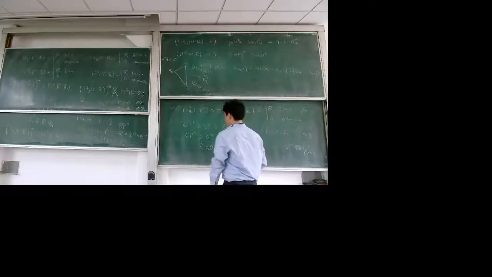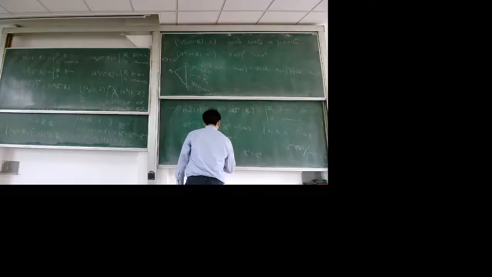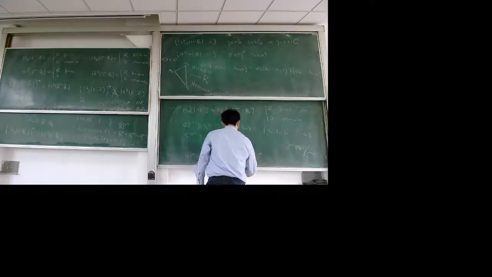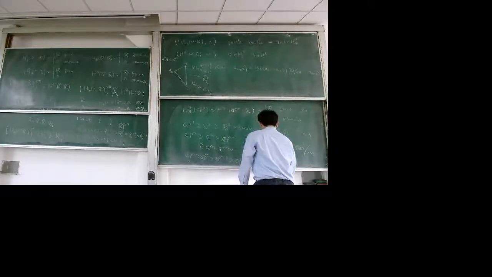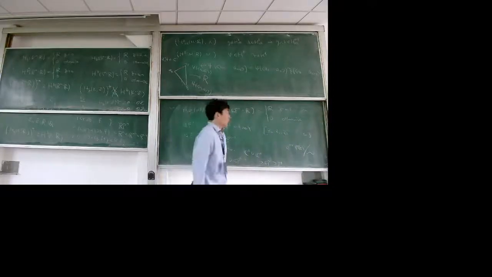So there's an inclusion: CPn includes CPn-1, CPn-2, CPn-3, dot dot dot, CP1 and CP0, or a point. If you restrict some coordinates to 0, everything collapses to a lower dimension in CPn.